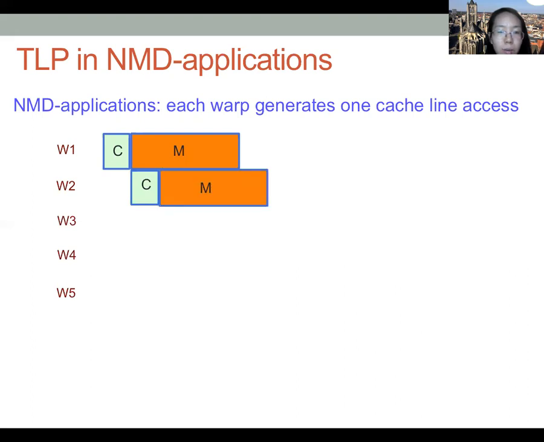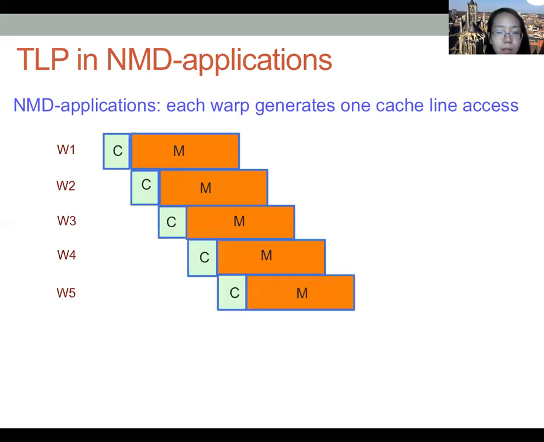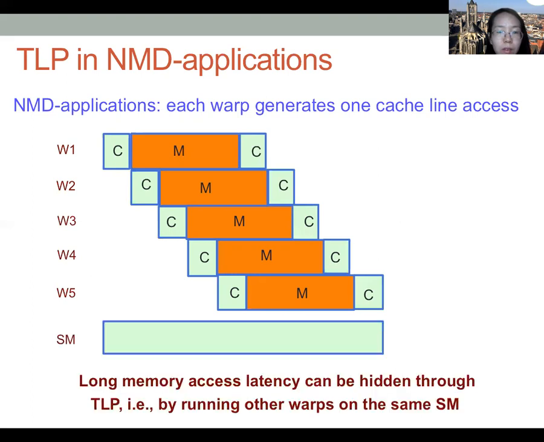After that, warp 2 also generates a long latency memory access. Warp 3 to warp 5 follow a similar way. When the memory instruction is finished, the compute instruction is executed. From the SM side, the long memory access latency can be hidden by running other warps on the same SM. Hence, there is no stall.